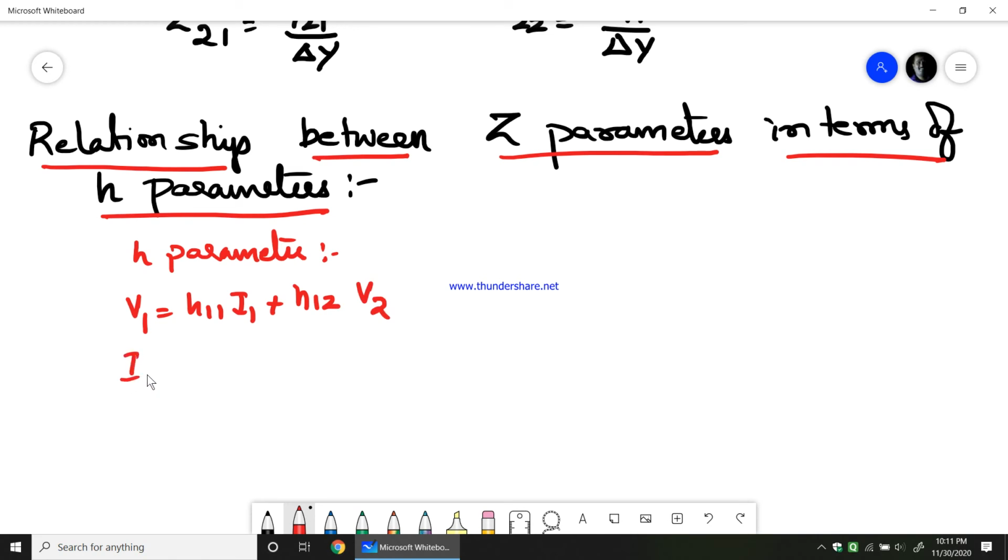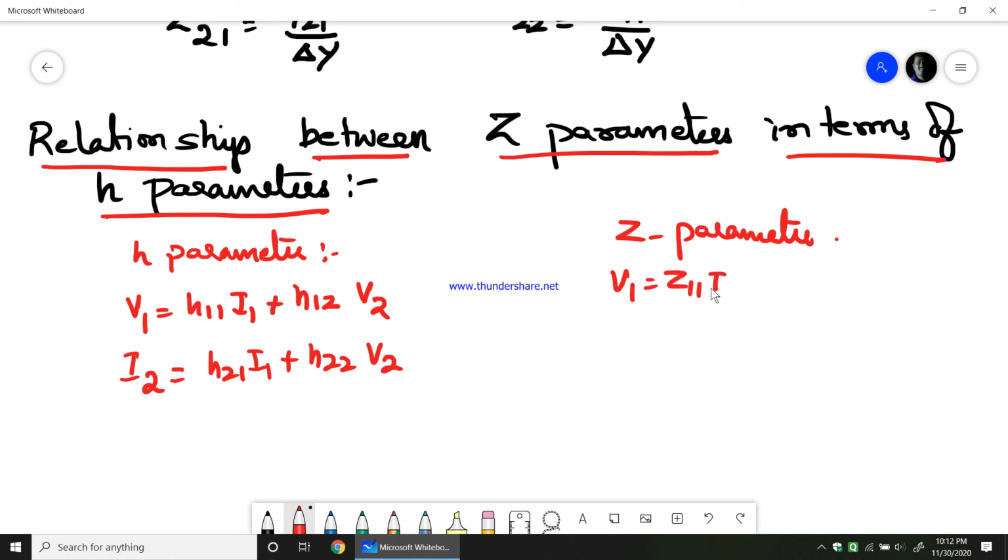Similarly, I2 equals H21 I1 plus H22 V2. And then we'll take the Z parameter equations. So Z parameters is what? V1 equals Z11 I1 plus Z12 I2, whereas V2 equals Z21 I1 plus Z22 I2.